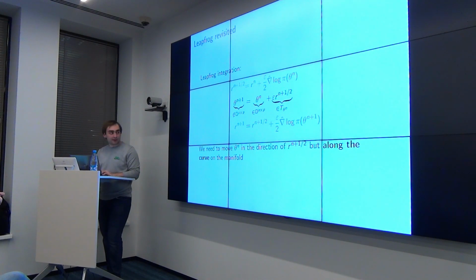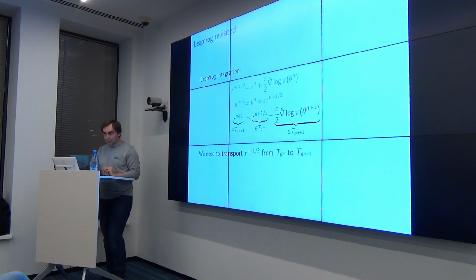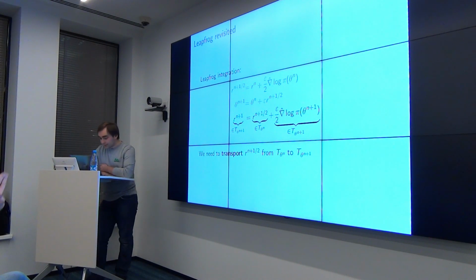So let's take a look at the third equation. Here, it's quite okay. We have Rn plus 1, a Riemannian gradient at the same point, but Rn plus 1/2 belongs to a different tangent space. It belongs to the tangent space at the point theta n.